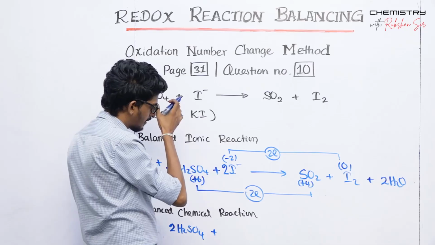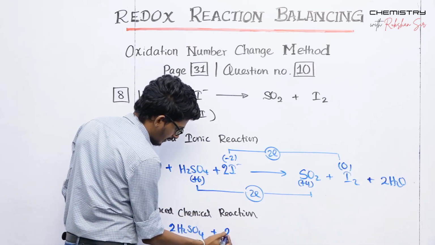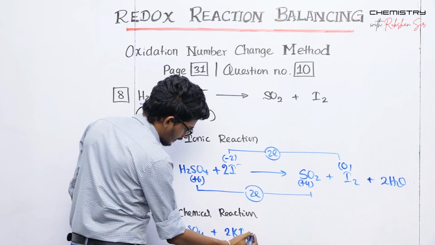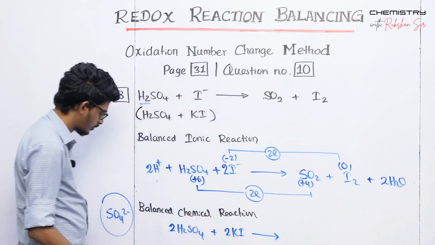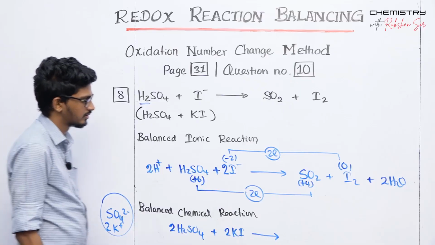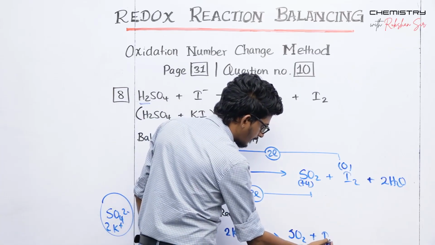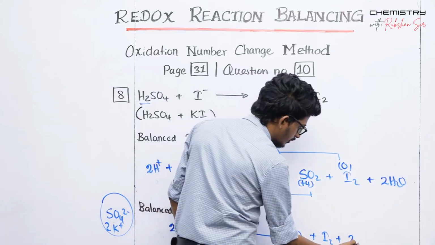To provide the I minus, you need to come up with KI. So 2 of KI should be written as 2 I minus are needed. So 2 of K pluses are written by hand, right? So these are the charged stuff, SO2, I2 as well as 2 of H2O.